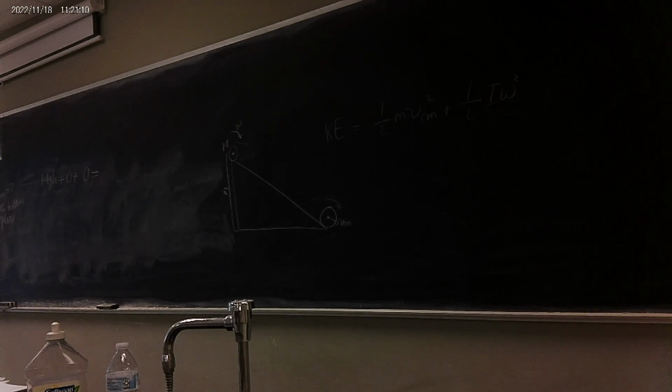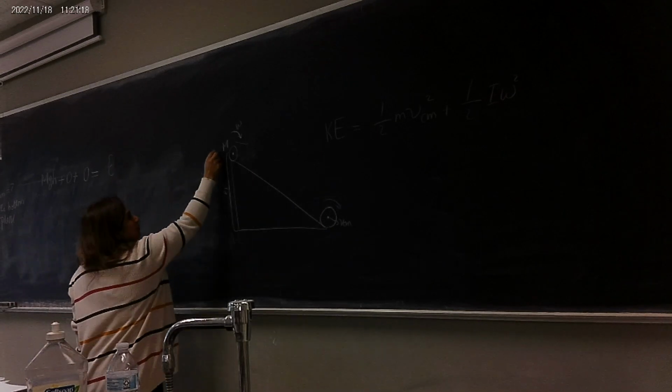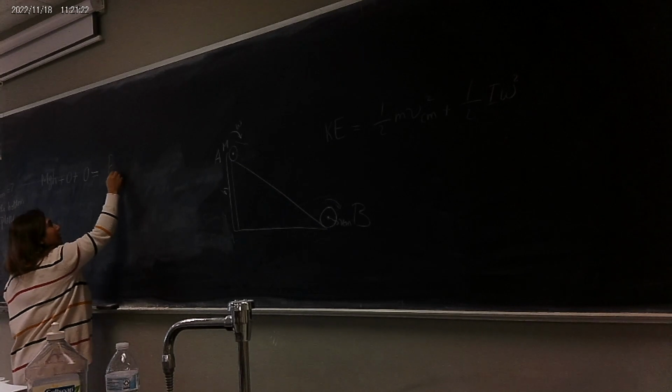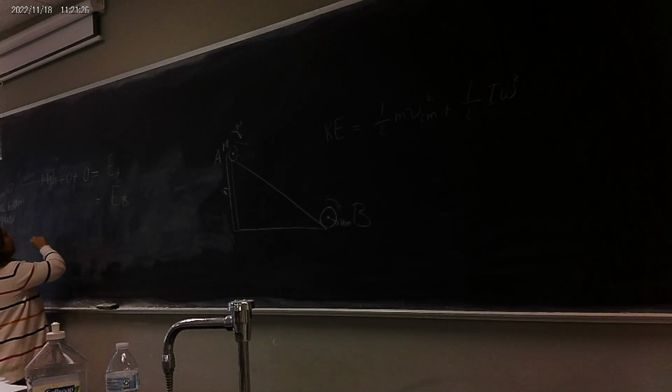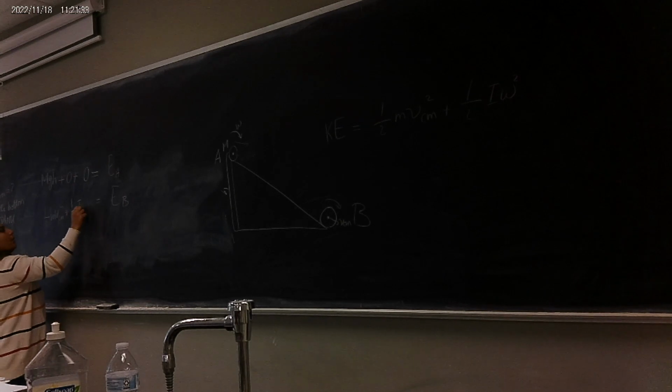Now kinetic energy is not the same everywhere, but we know that the energy at point A should be equal to the energy at point B, which is half m VCM squared plus half I omega squared.